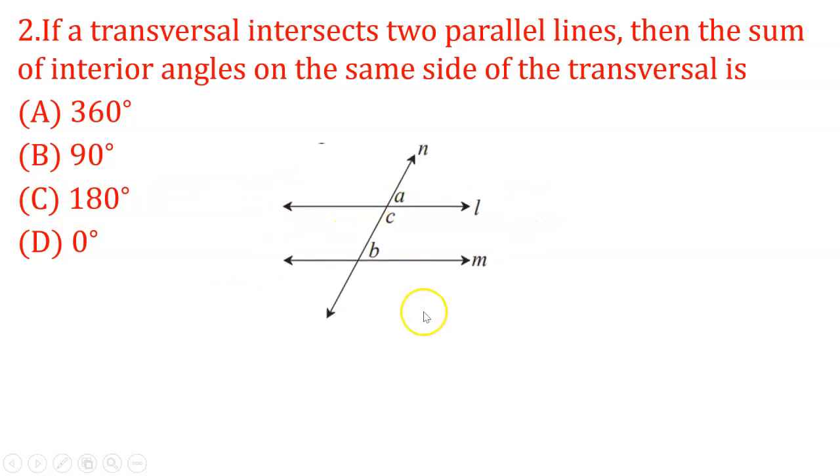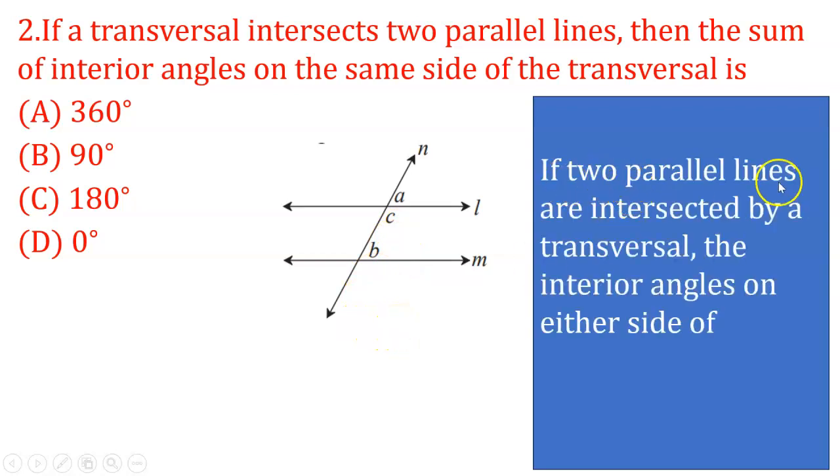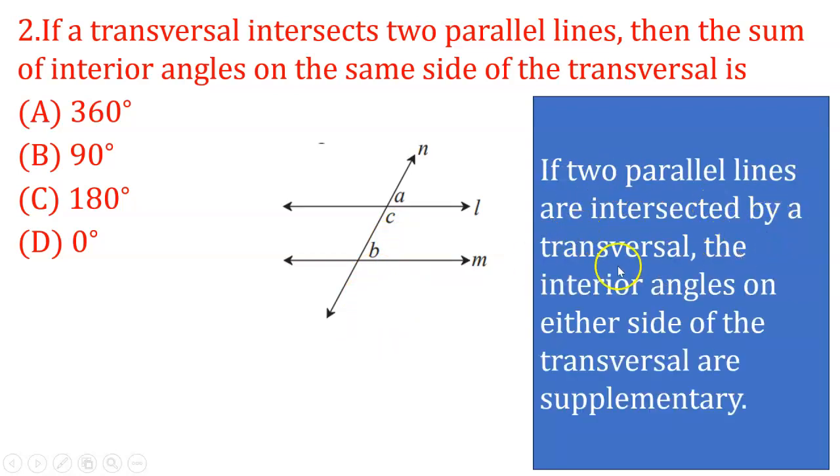These are the two parallel lines, and B and C are the interior angles on the same side. We know the theorem: if two parallel lines are intersected by a transversal, the interior angles on the same side of the transversal are supplementary, and hence option C is correct.